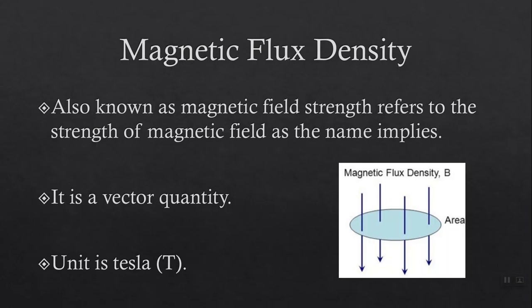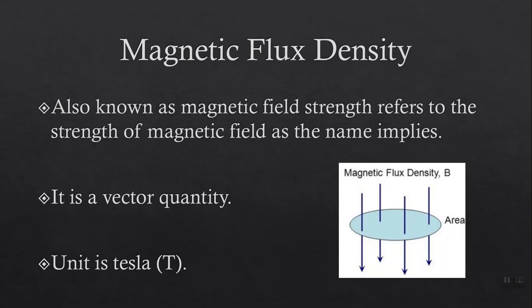Now, how would you understand magnetic flux density? Generally, the term density means in a considered unit area. So when it comes to magnetic flux density, we will be talking about how many magnetic field lines are present in a unit area perpendicularly.